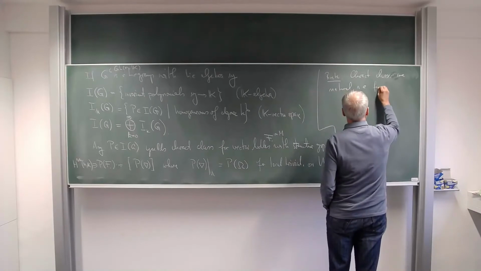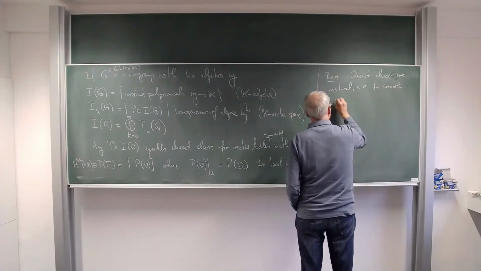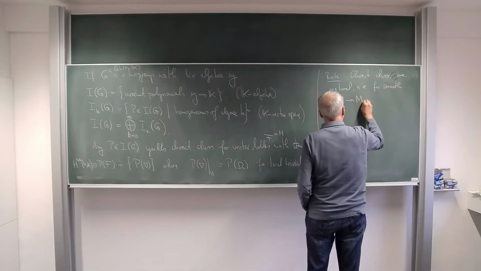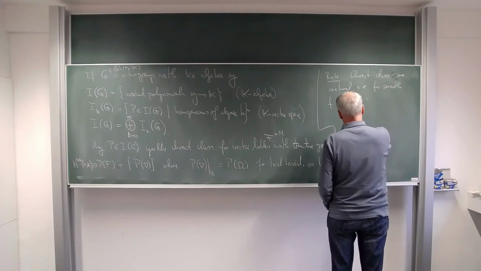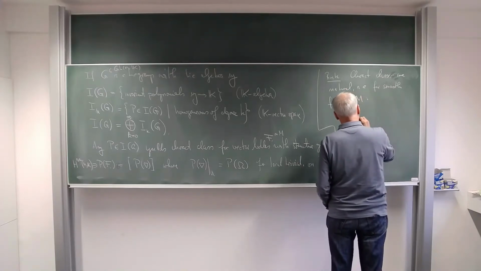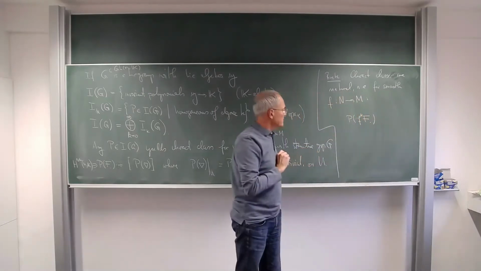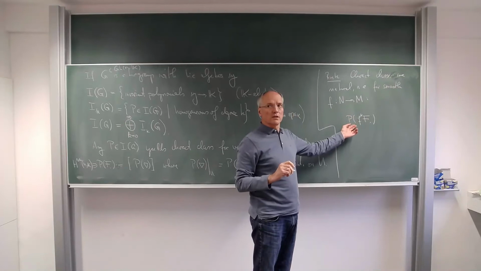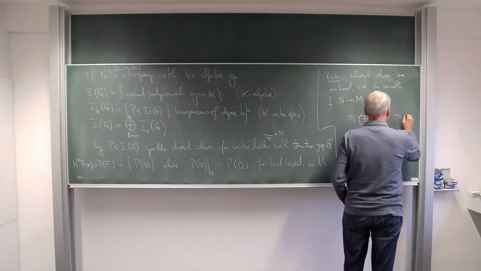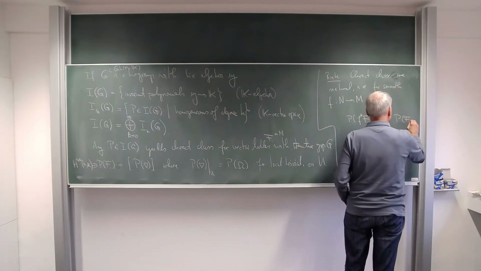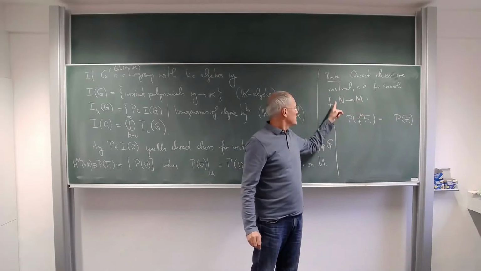So for a smooth map f from N to M, if we take the characteristic class of the pullback bundle, which is a bundle over N, so the whole thing should be a cohomology class of N, that is the same as taking the corresponding class of F itself, which is a cohomology class of M, and we pull it back to N via f.